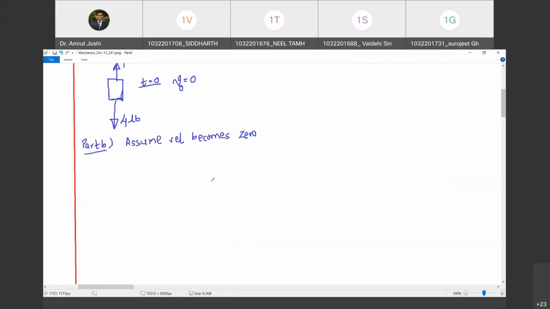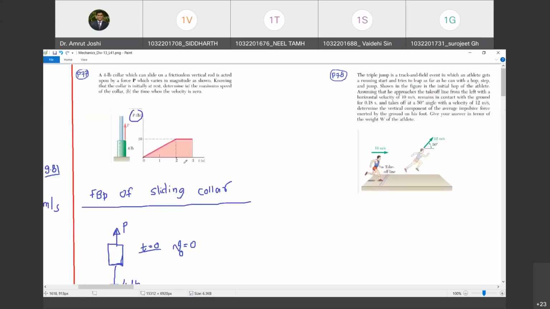Let us assume that the velocity becomes 0 in the time 0 to 2, and I will call that time T1. So T1 is less than 2. That's what I'm saying.